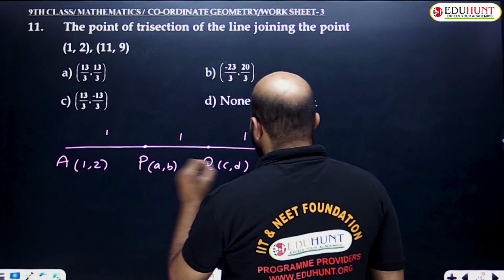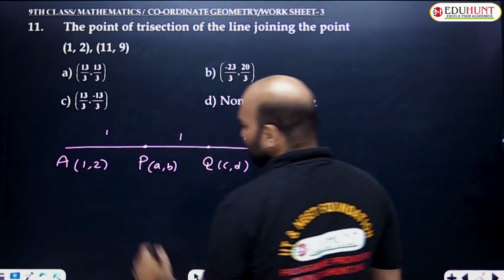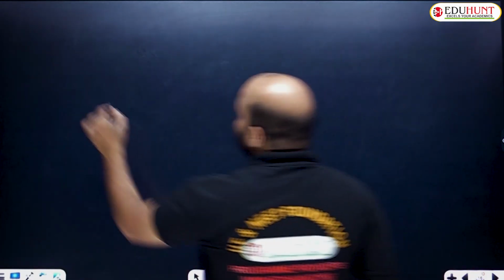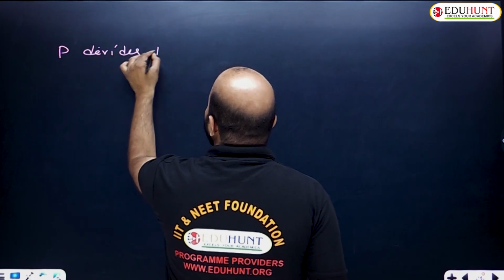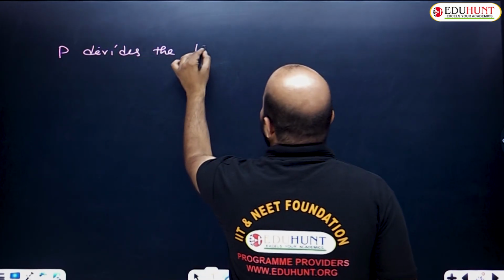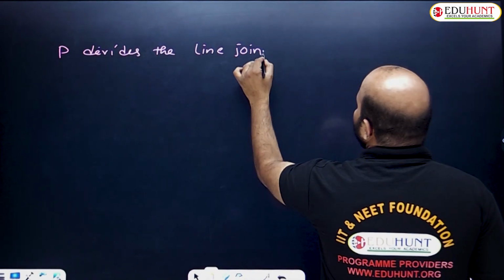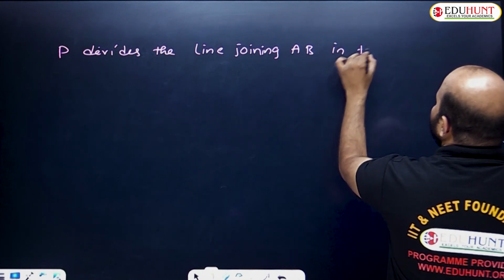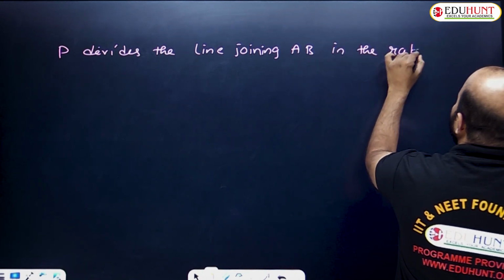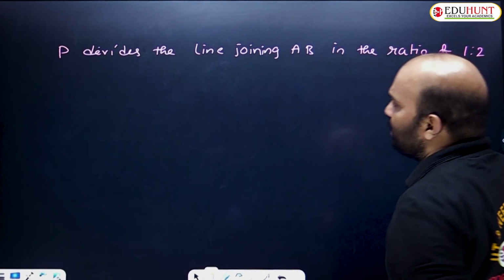So first I am taking P. P divides the line joining points AB in the ratio 1:2. Am I clear? So that is the m:n value.